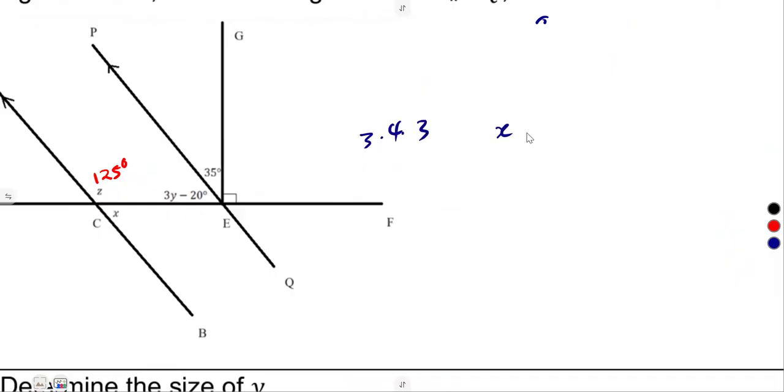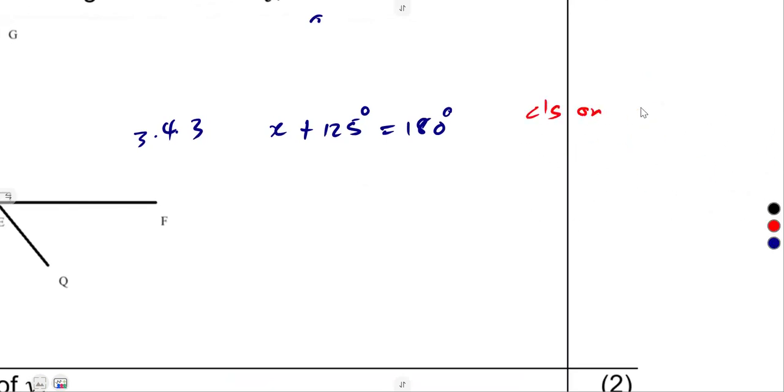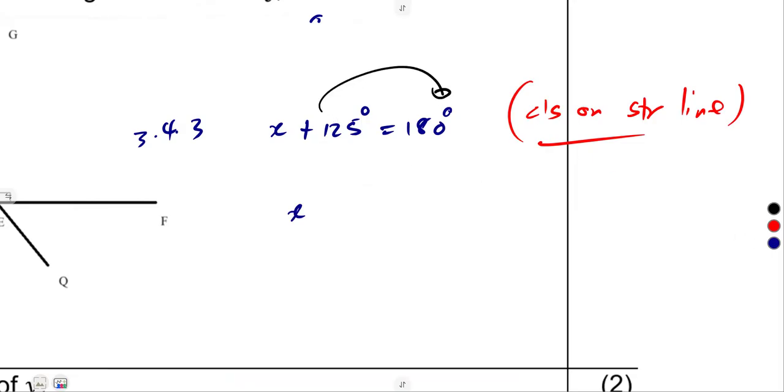So X plus 125 degrees must give us 180 degrees, angles on a straight line. So let us solve for X by taking 125 to the other side of the equation. That is going to be a negative there.